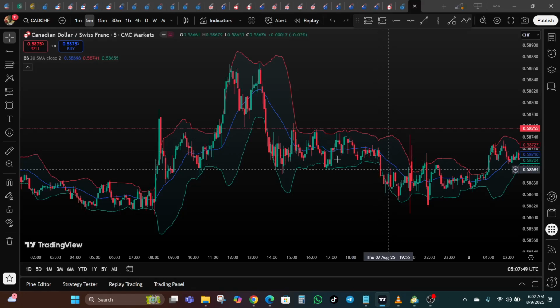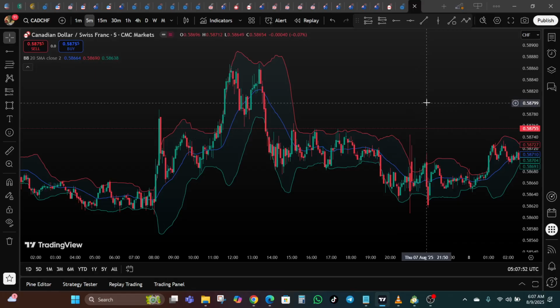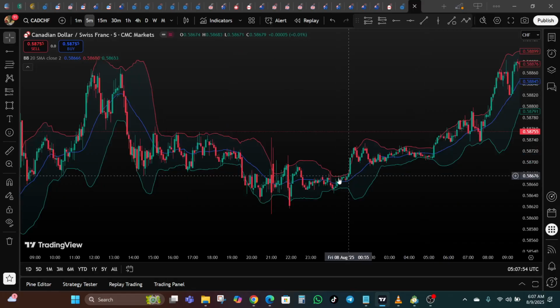When the bands squeeze tightly together, it signals a potential breakout. When the price touches or breaks the band during low volatility, it can also present mean reversion opportunities.